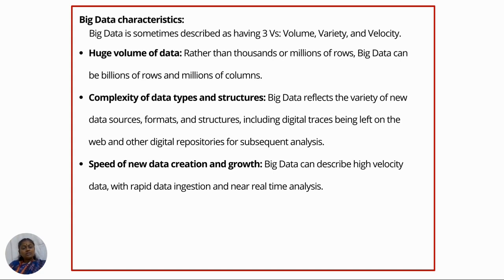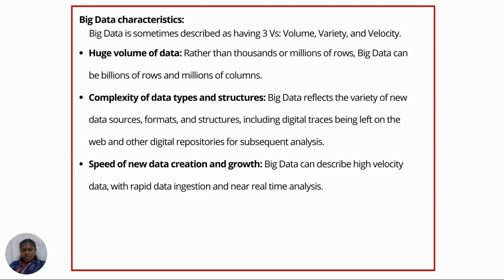And the second one is complexity of data type and structure. While talking about big data, the volume of data is increased, and also the data sources and formats. There is no predefined format of data.